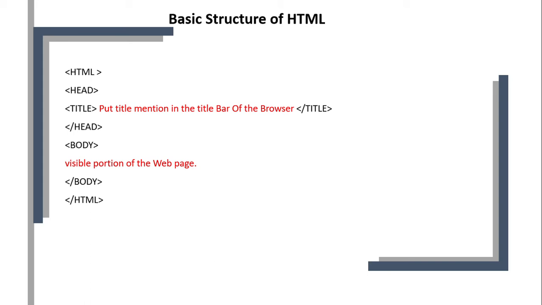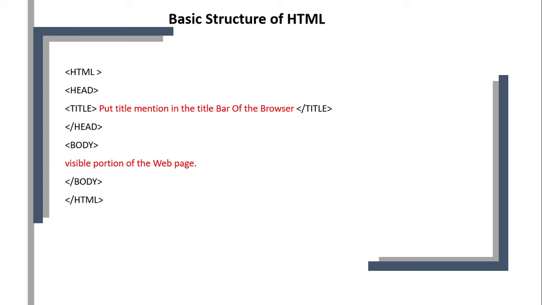After that, we have the title tag. The title tag is used to show text about your program as a title, like the tabs we have. Whenever we run our program in the web browser, we get that name.